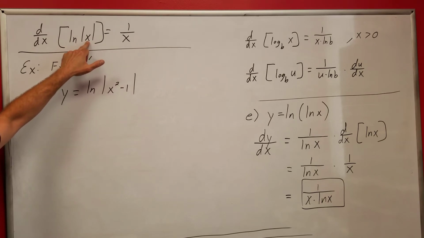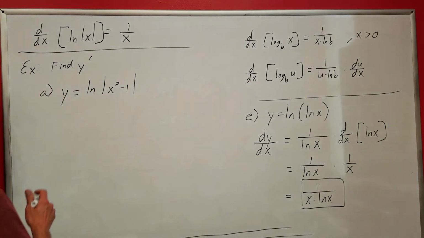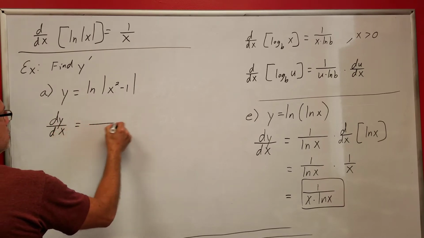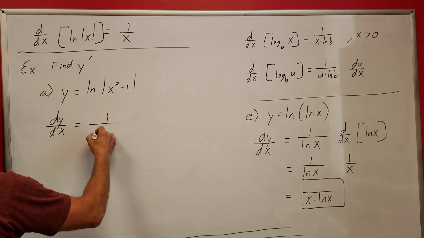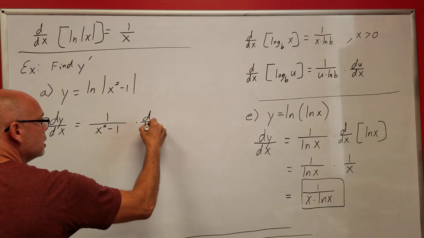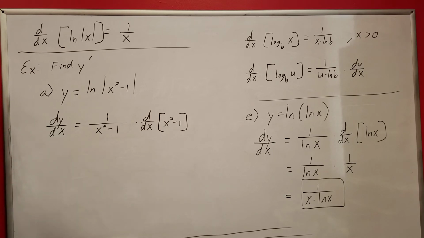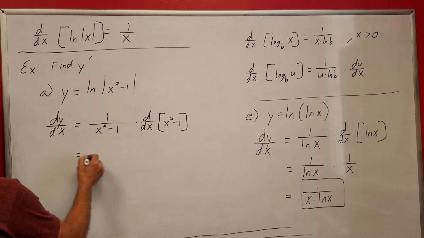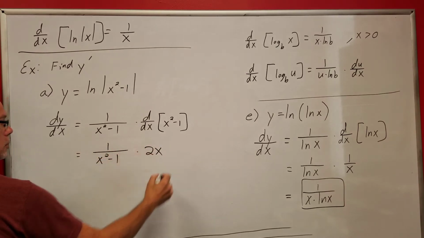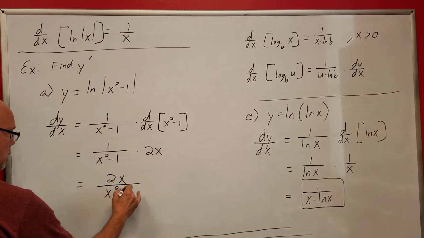If it's anything other than x right here, I'm going to have to use a chain rule to take the derivative of the inside. All right, so dy over dx is equal to 1 over the argument without the absolute values times the derivative of the inside of the absolute values, x squared minus 1. Well, that's 1 over x squared minus 1 times 2x, or we can say 2x over x squared minus 1.